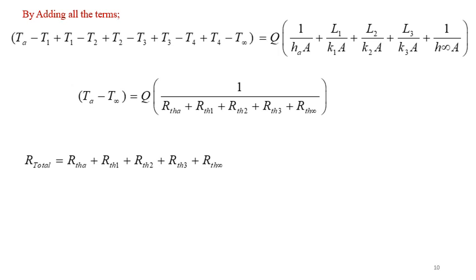So R total is equal to R_th A plus R_th1 plus R_th2 plus R_th3 plus R_th infinity.